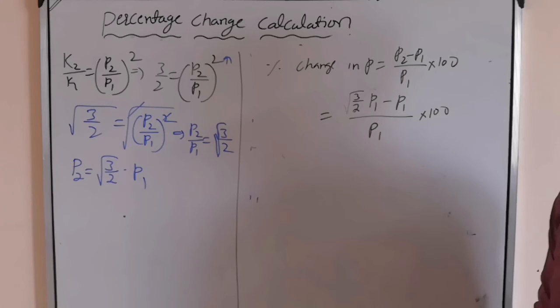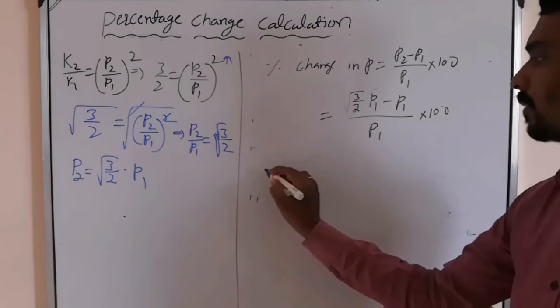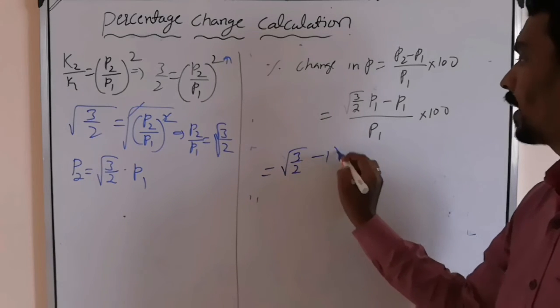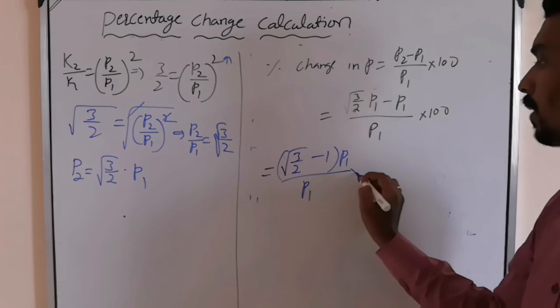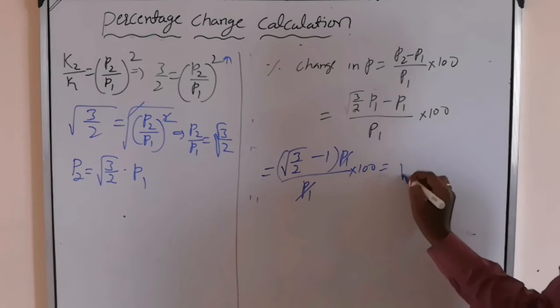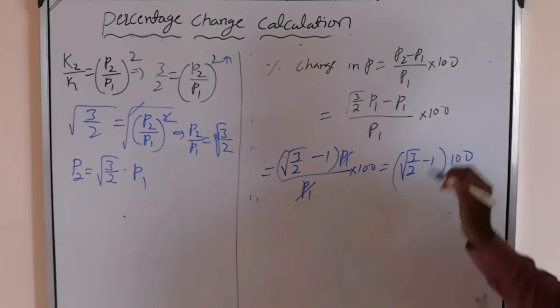Last two classes we discussed the calculation part only. Here also you need to take care of calculation. So (root 3 by 2 minus 1) into P1, I took P1 common, by P1 into 100. So P1 got cancelled, equal to (root of 3 by 2 minus 1) into 100.